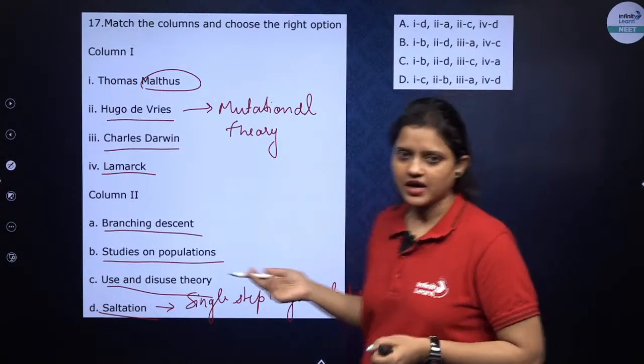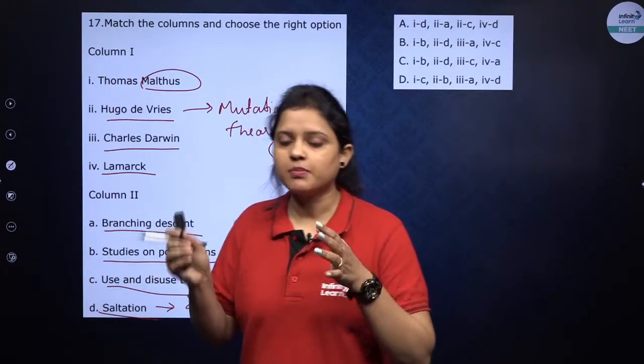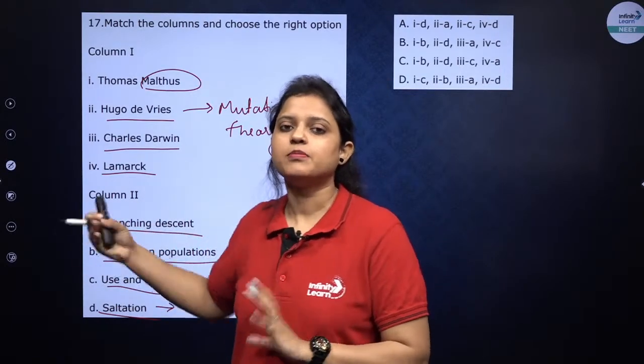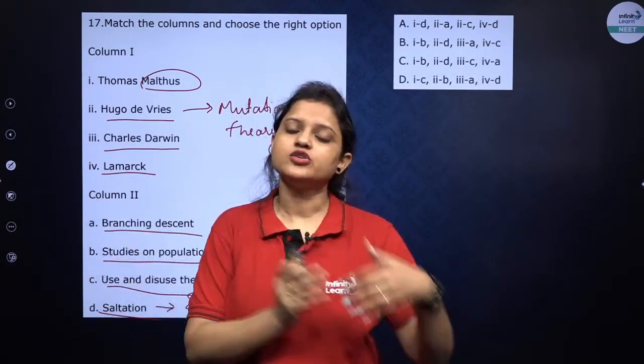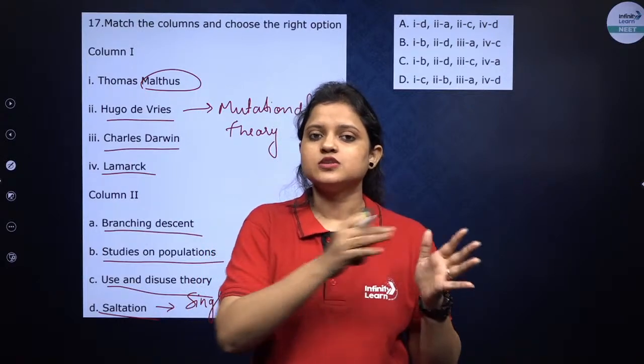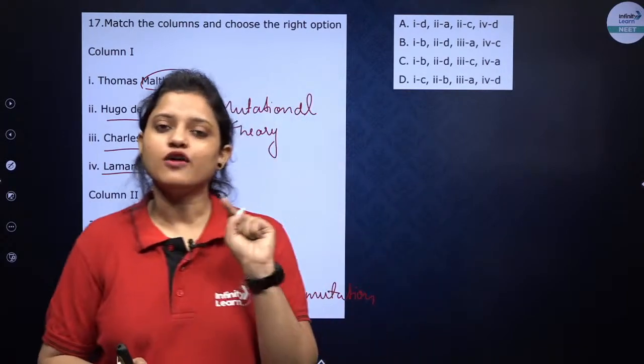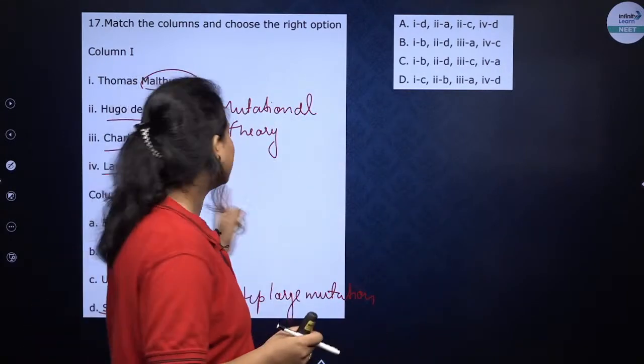What he said, Lamarck, that if we are using a particular organ consistently, it will develop more, but if we are not using any particular organ, slowly it will degenerate. So this theory of use and disuse of organ was given by Lamarck.